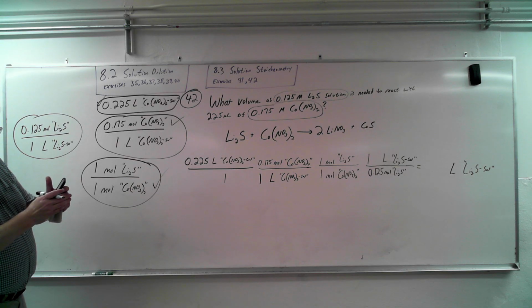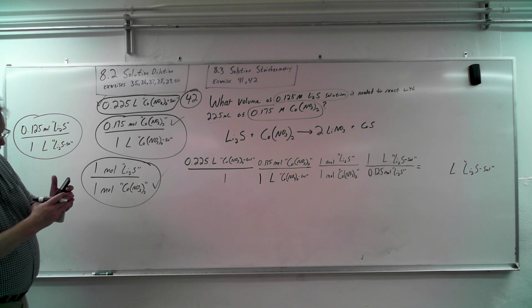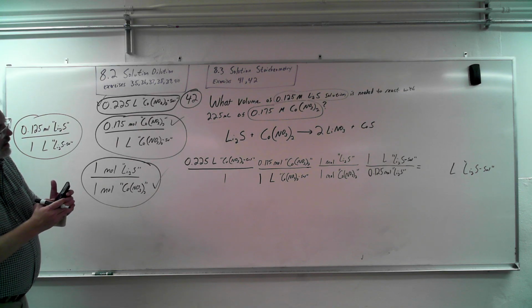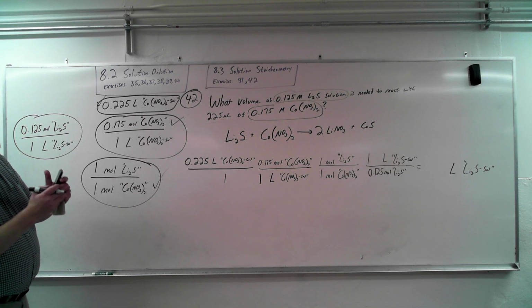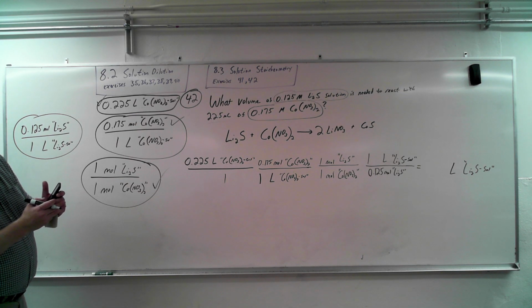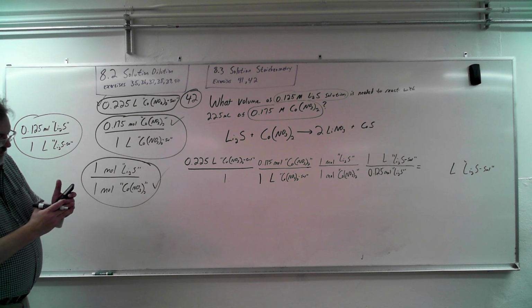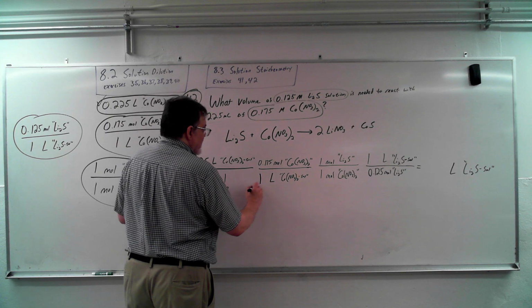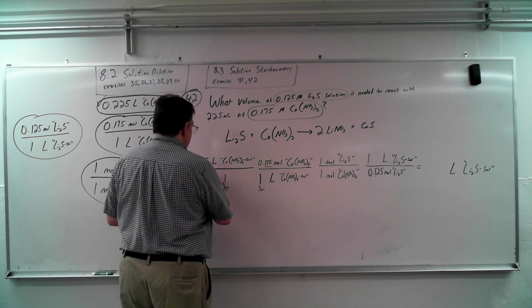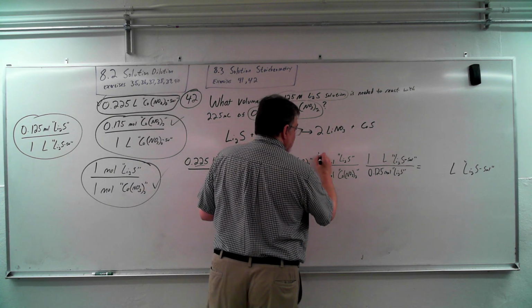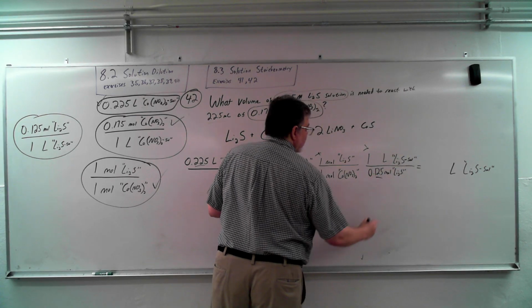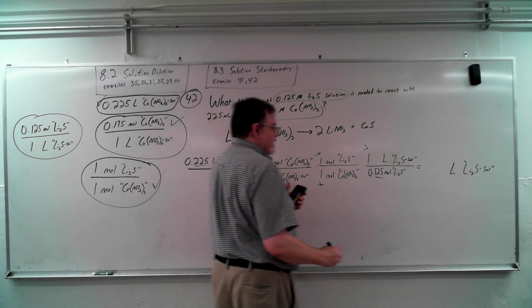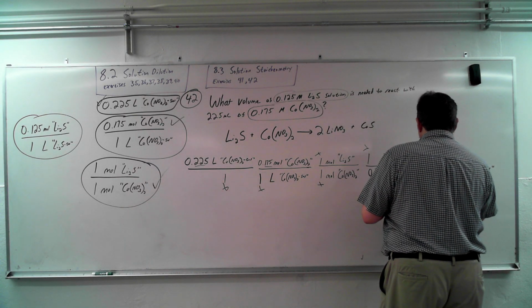All right. So 0.225 times 0.175 divided by 0.125. 3 significant figures, exact, 3 significant figures, exact, 3 significant figures. So my calculator just says 0.315.